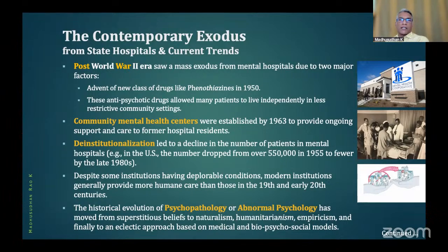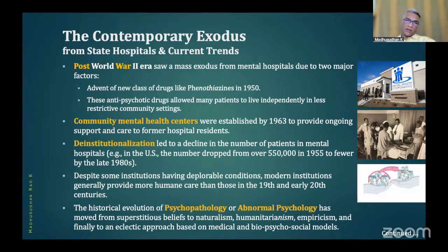After the Second World War, a mass exodus has been seen due to the invention of chlorpromazine in 1950. These antipsychotic drugs allowed many patients to live independently in less restrictive community settings.